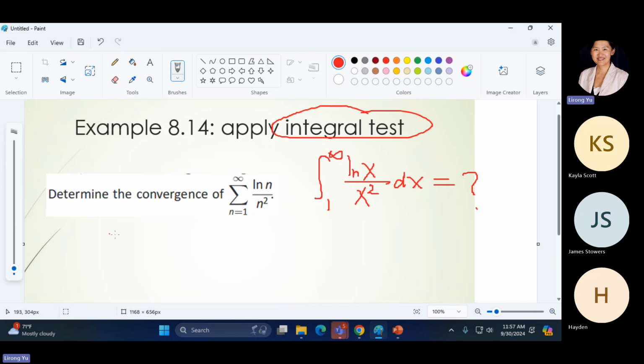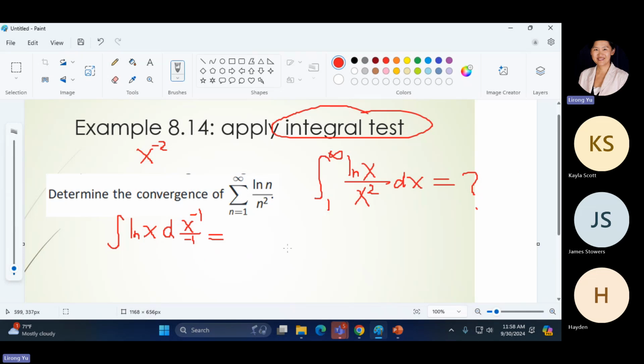So we're going to do integration by parts. We keep the ln x as u, and the rest is going to be our dv. That was x to the -2 power. We find the antiderivative, which will be -1 over x. That was the derivative, right? We want to write a dv, so v would be this.